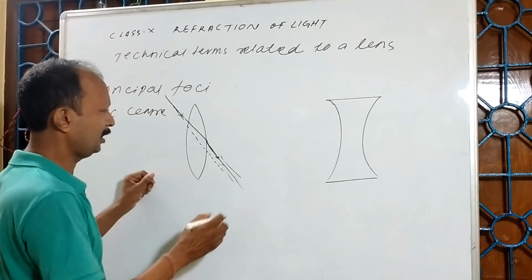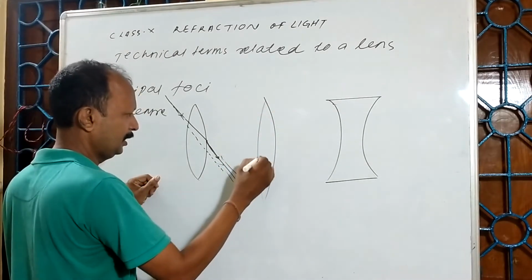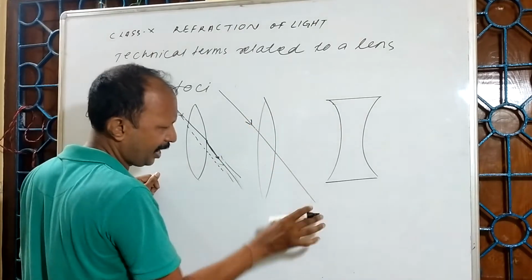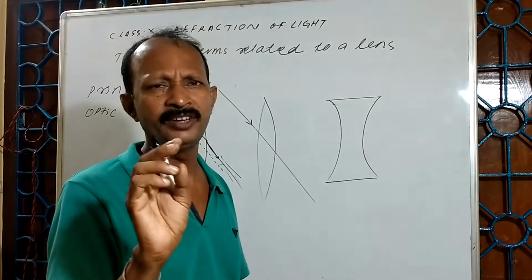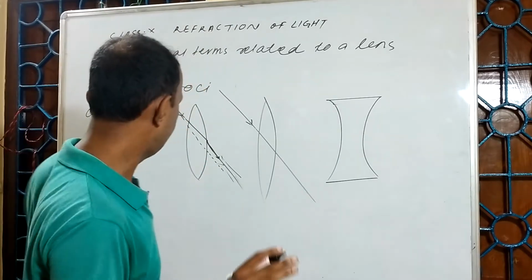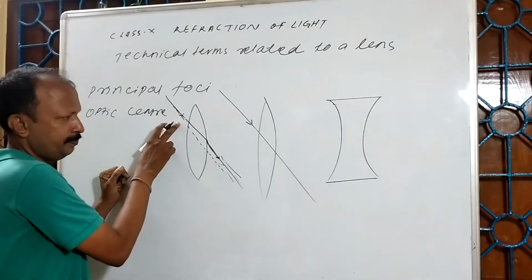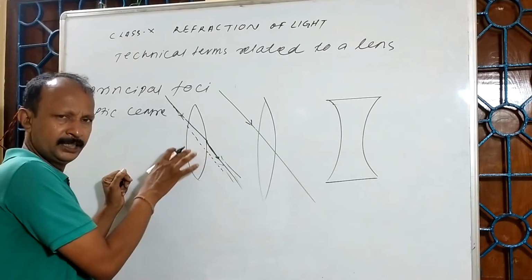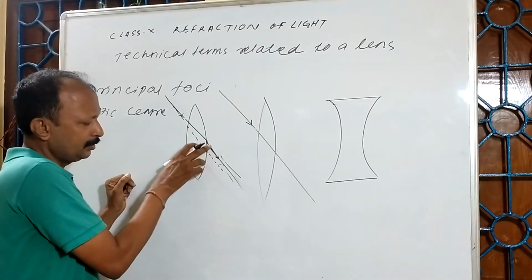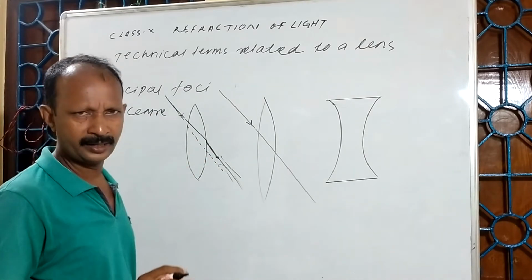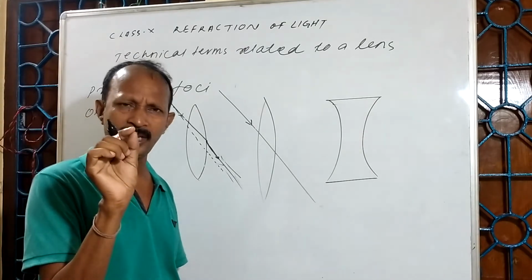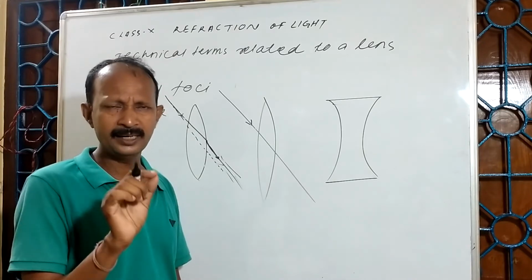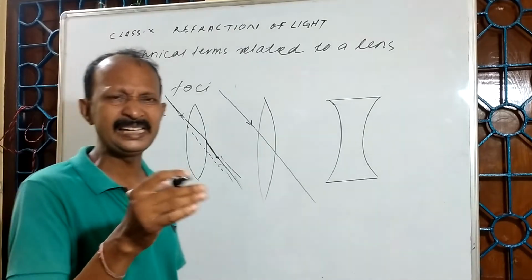If I neglect the parallel shift, that means the light ray refracts without deviating. This is thinner medium, this is thicker medium, no doubt it is bending, but the emergent ray is parallel to the incident ray, and here the lateral shift is very less. Due to that, if it is a very thin lens, then the lateral shift can be neglected.